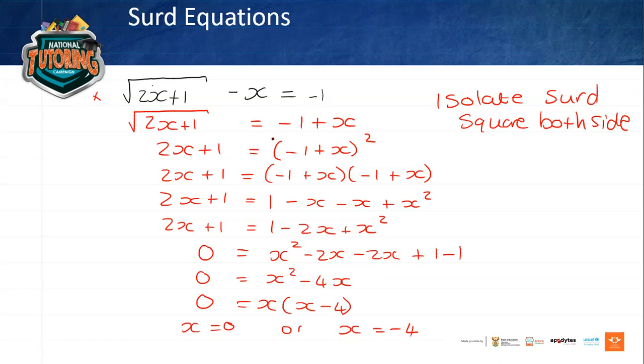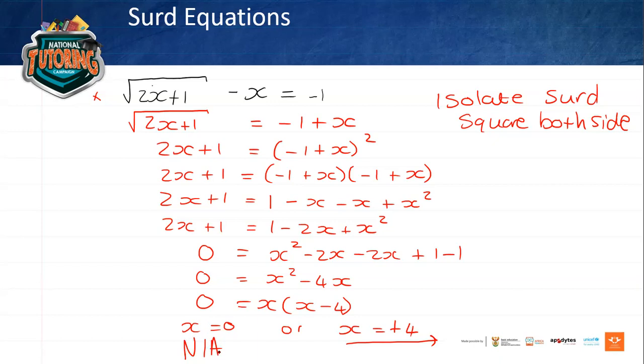If we sub in 4, we're going to get the square root of 9 minus 4. So that's 3 minus 4, which is negative 1. So this solution works, but this solution does not work.